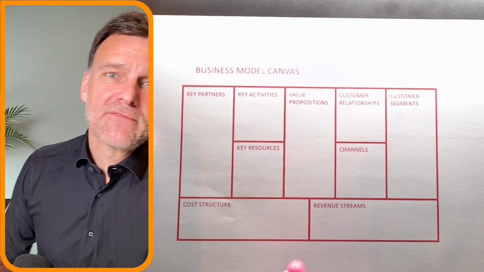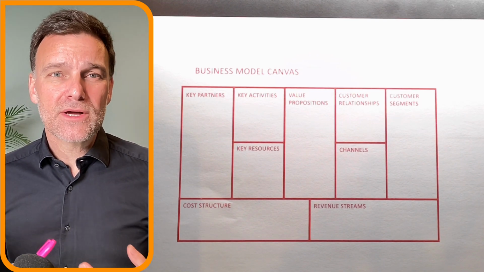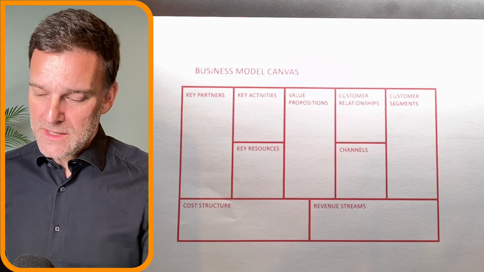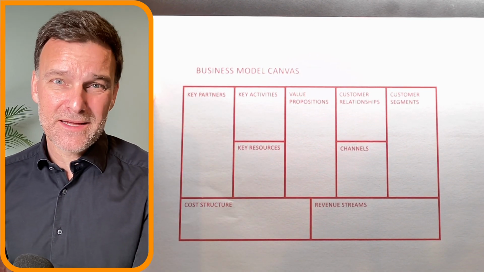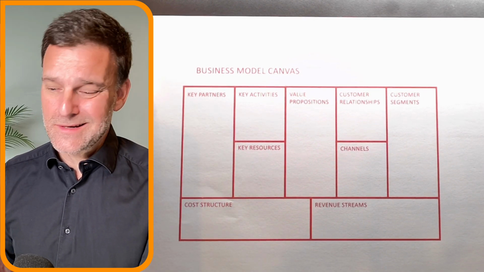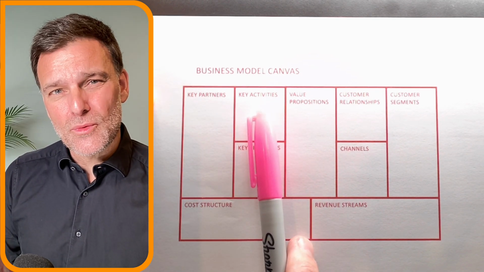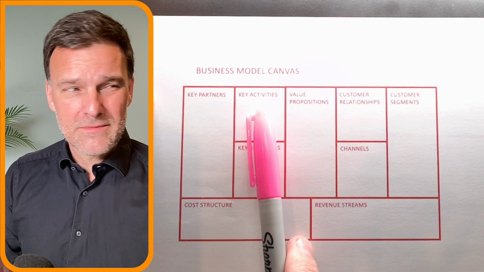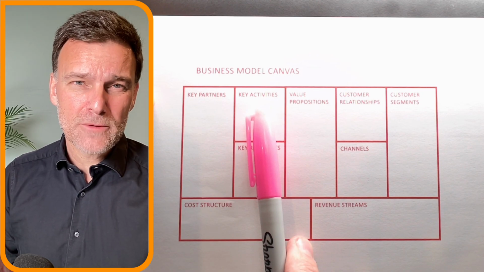The business model canvas means that you look at your business, you look at your value proposition, you look at what you do and for whom. You have key partners. That could be legal partners, production partners like the factory or the producer in another country. You've got things like key activities. That's what you do. I'm a leadership trainer, so I do a lot of webinars, but I mainly do face-to-face 2-3 day workshops.